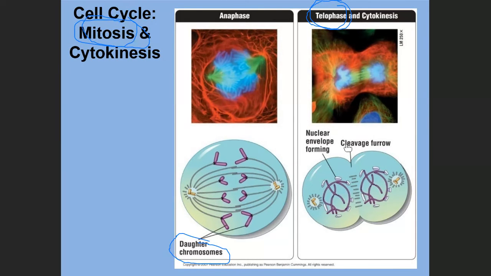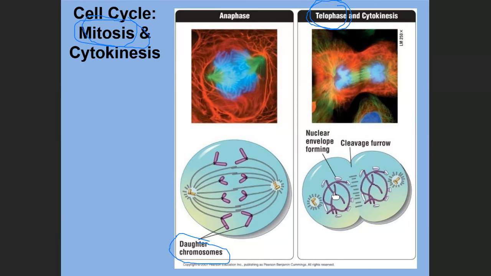What happens during telophase? The membrane of the nucleus, called the nuclear envelope, begins to reform around the chromosomes. So notice, at the end of mitosis, the last phase is telophase. We don't have one nuclear envelope forming. We have two nuclear envelopes forming that are going to result in the formation of two identical nuclei.